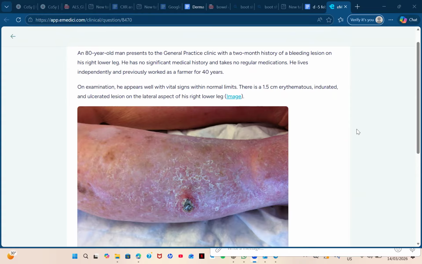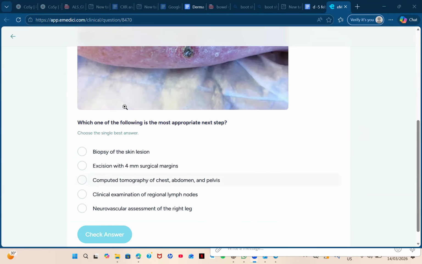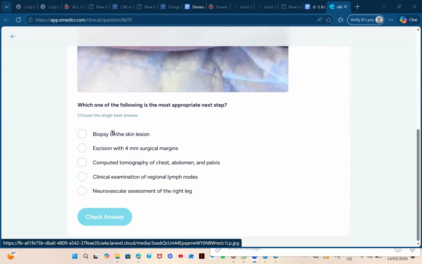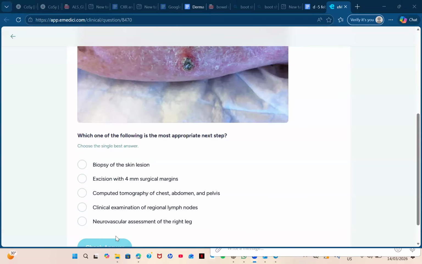There is a 1.5 centimeter erythematous, indurated, and ulcerated lesion on the lateral aspect of his right lower leg. Which one of the following is the most appropriate next step? What do you think, doctors?